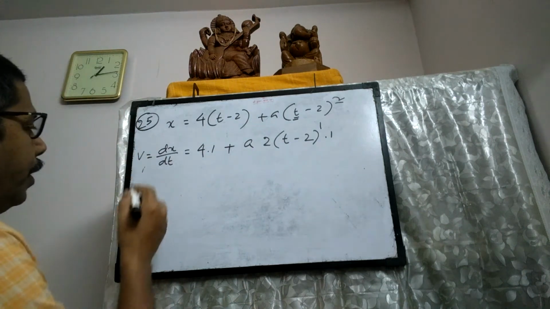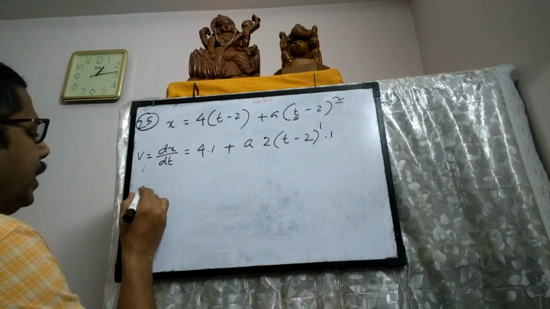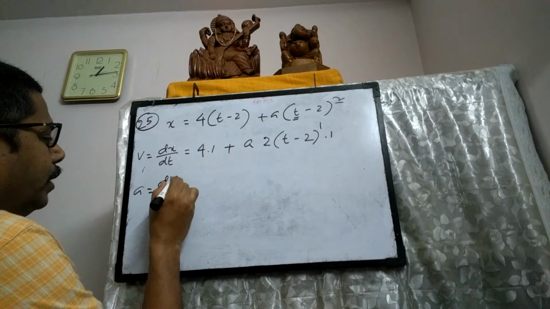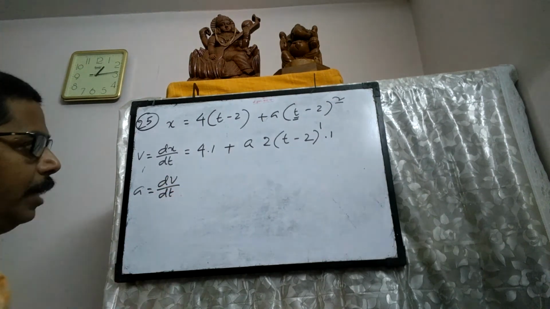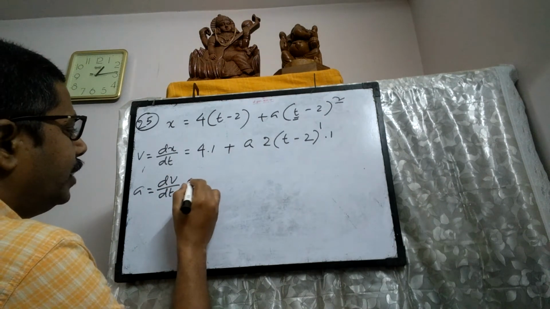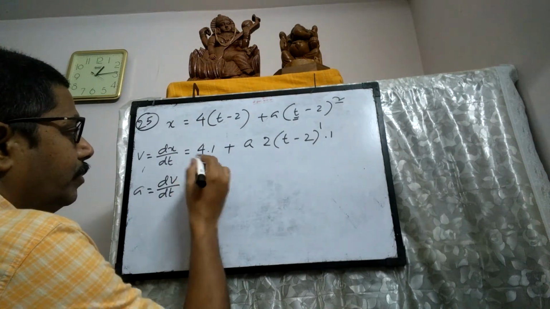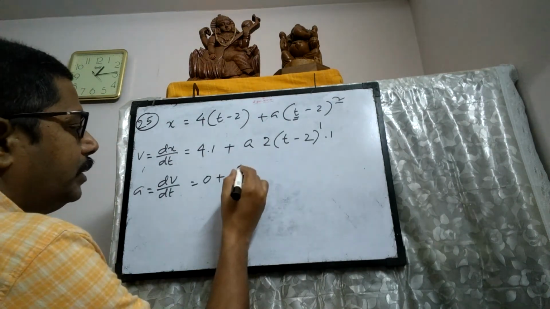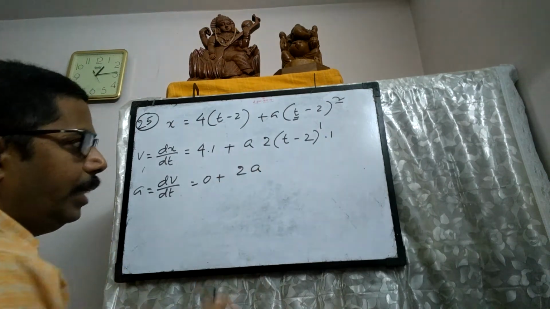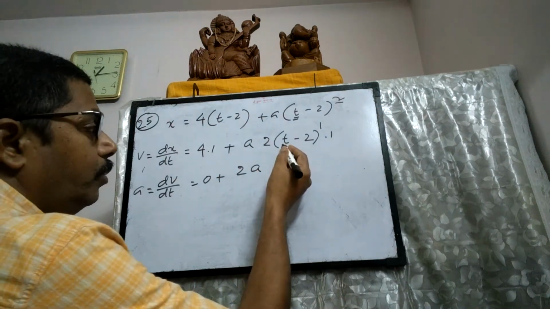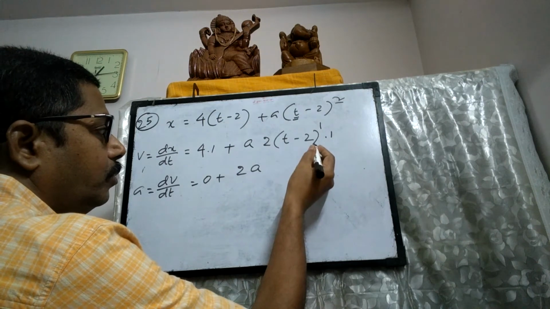Now what is the acceleration? Acceleration is nothing but dv by dt. So if you again differentiate, this term will become 0 because this is constant. And now this is 2a into (t minus 2).